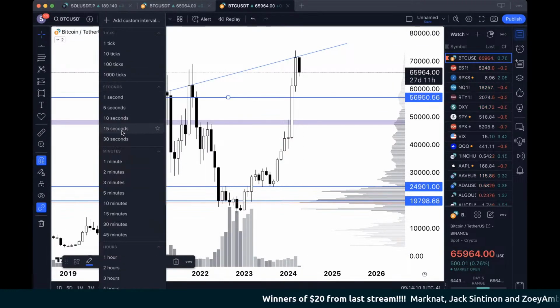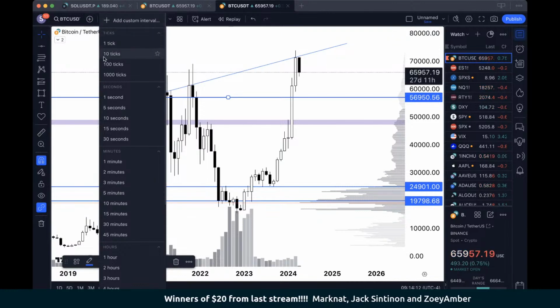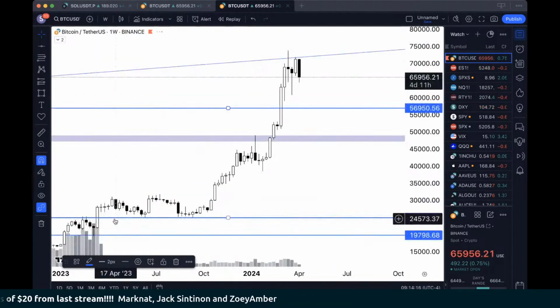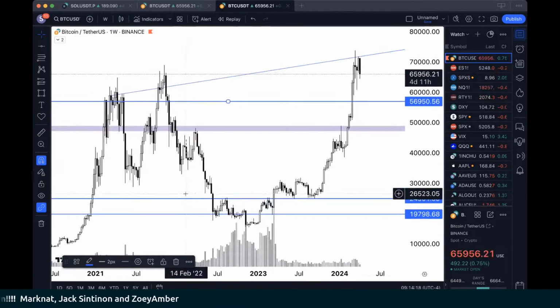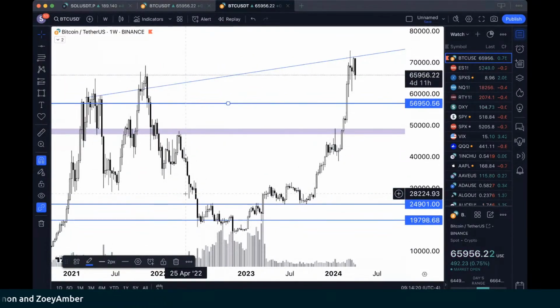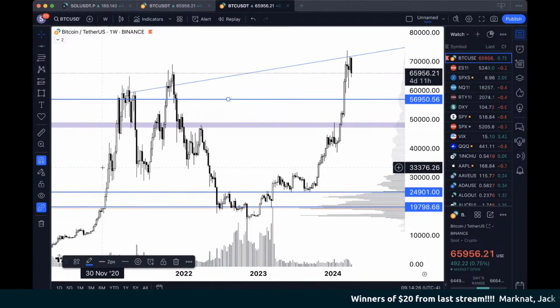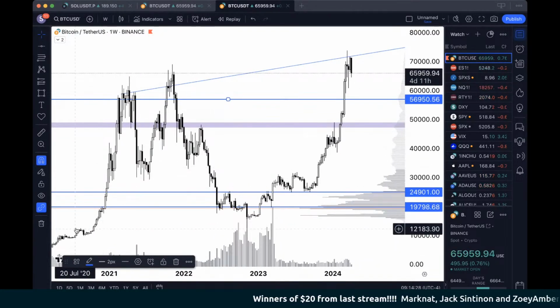I'm going to zoom in a bit to the weekly. And I apologize if it doesn't flow as smooth. I really am trying to show you guys how I do this in real time.